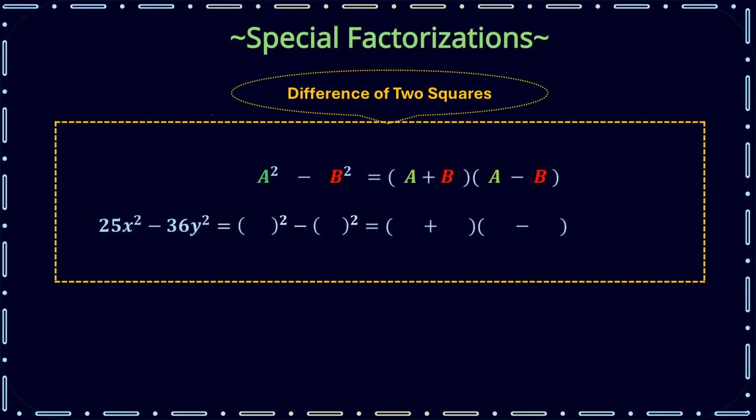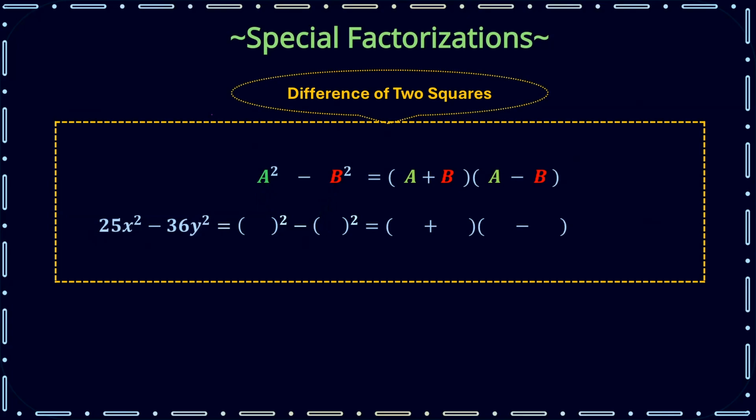And in this binomial, we have a difference of two perfect squares: 25, 36, x squared, y squared. So what you need to do is rewrite the problem in the form of something squared minus something squared. Each thing stands for A or B.